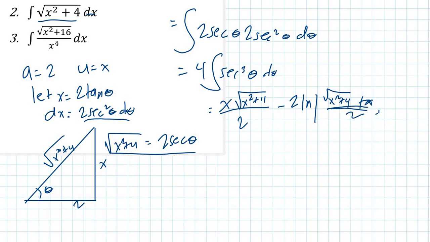Oops, sorry. Let's fix that. ln of square root of x squared plus 4 plus x all over 2 plus c. So there you go. That's the example for number 2.